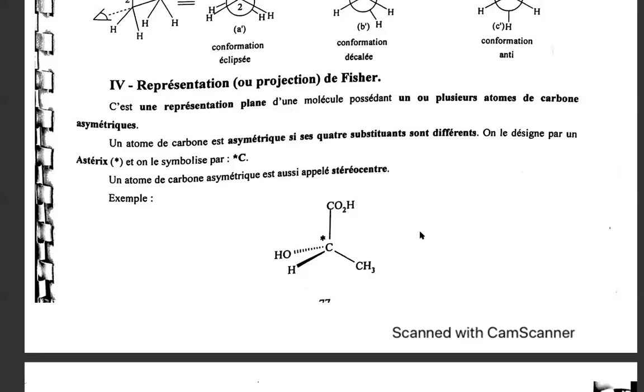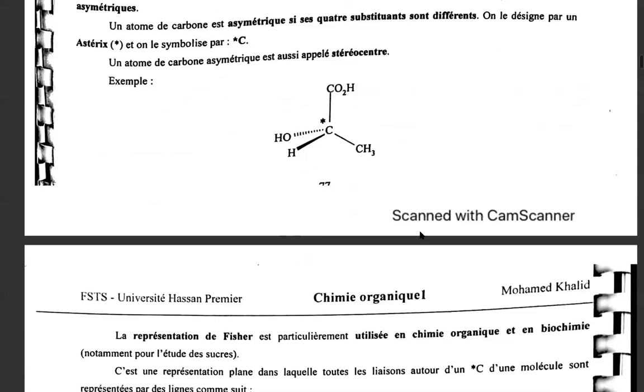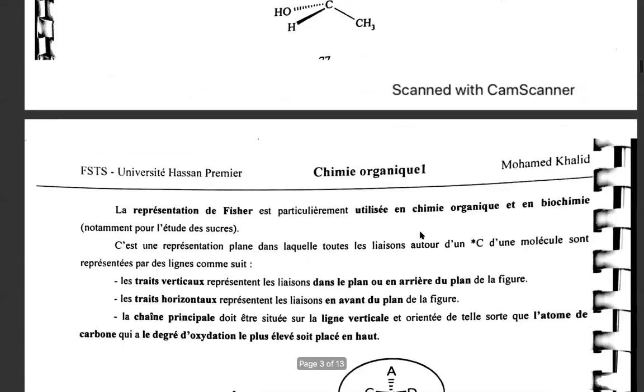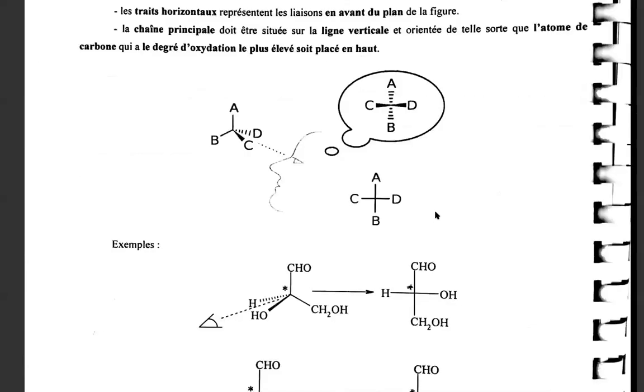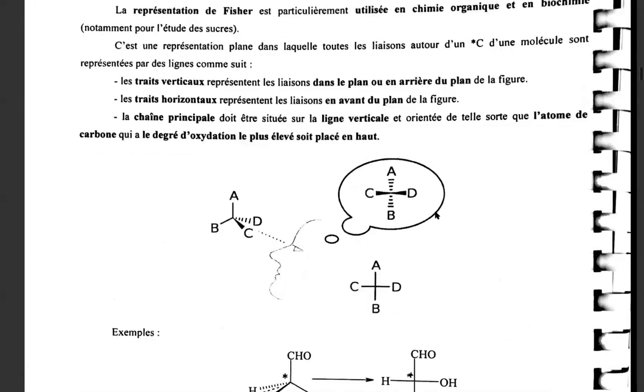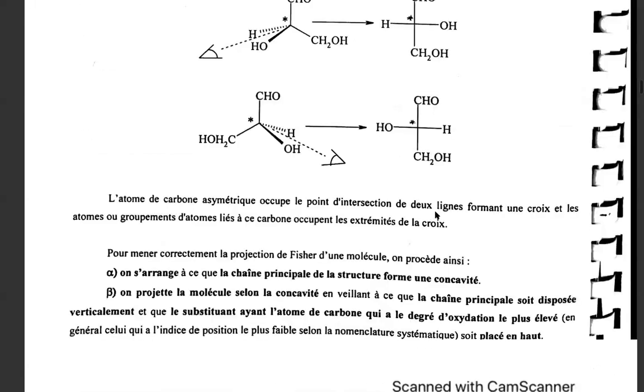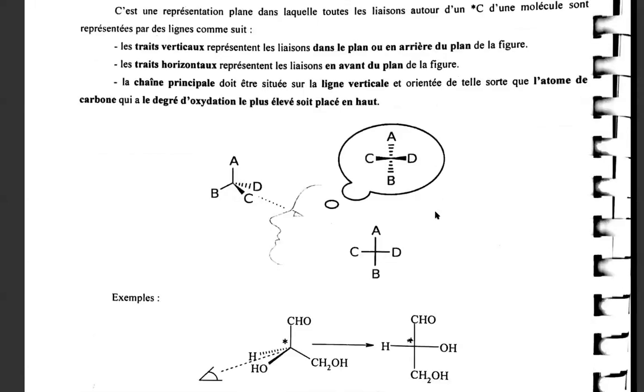Now, with Fischer's projection, we are supposed to also consider what we are calling the asymmetric carbon. So when you're looking at these molecules, you look at them in direction also. You're always going to look at direction. Like in the TDs we're going to do, I will show you that the molecule, like I said, when you look at Mukwa from en arrière, and you look at him from en avant, there should be different representations.